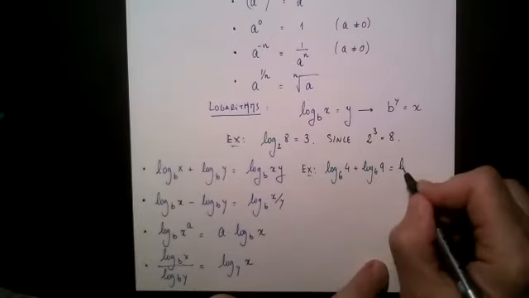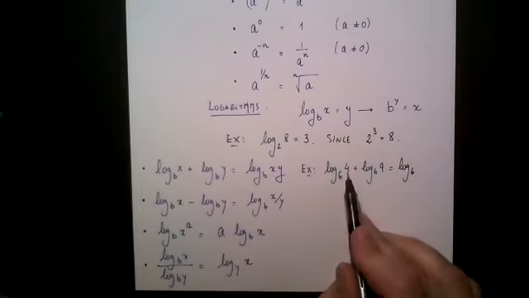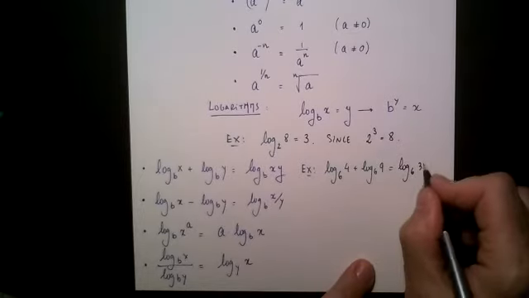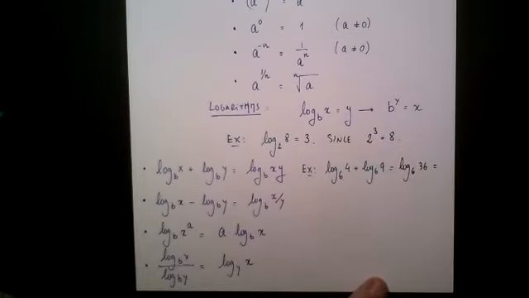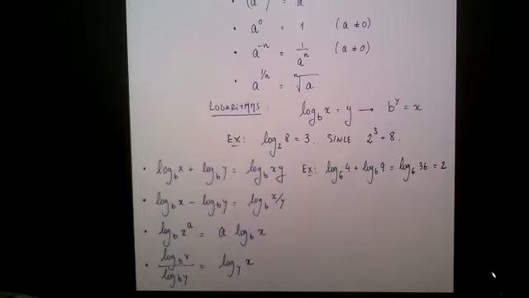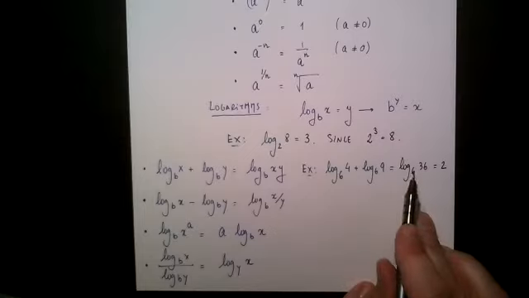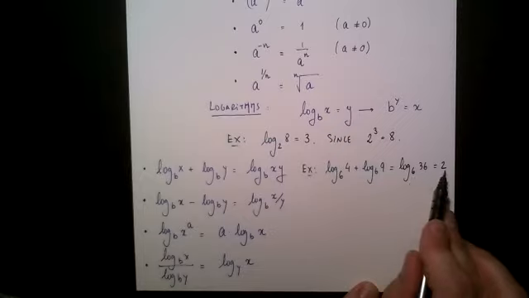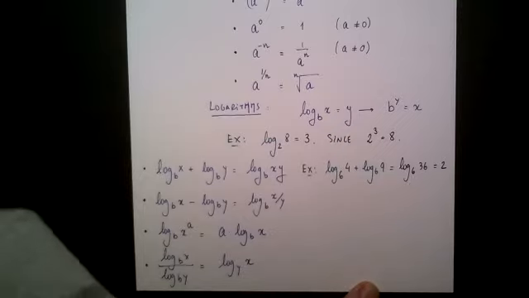Well, it's equal to log in base 6 of 4 times 9, which is 36. And that is equal to 2, not 6, okay? You could be tempted to say 6 here, because 6 times 6 is 36, but it's not times, it's power. So 6 power what gives me 36, so this has to be 2.